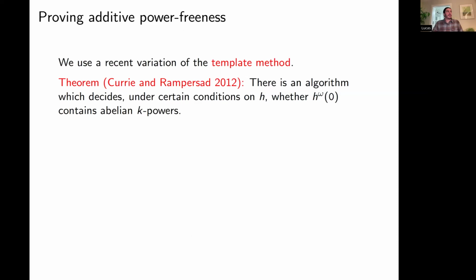The method was working for some reason, but nobody quite knew why. It was Nevo and James who figured out why it was working in general, and they came up with conditions that ensured that you only got finitely many templates in the method. I'll get into that in a bit.